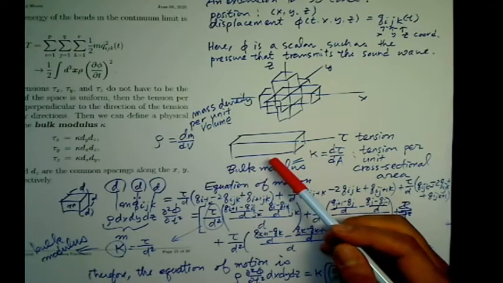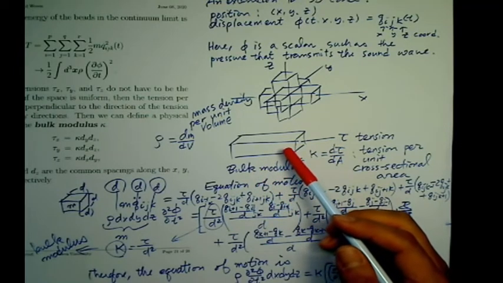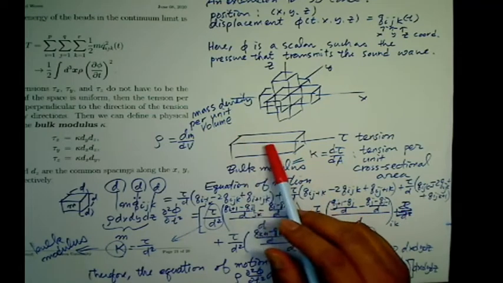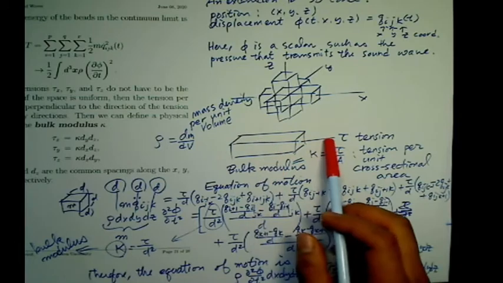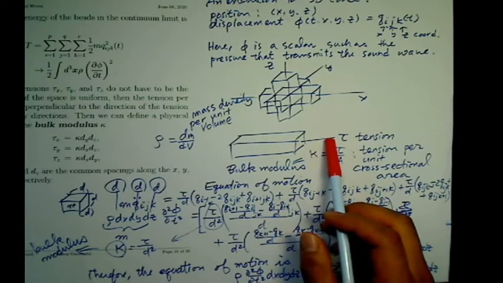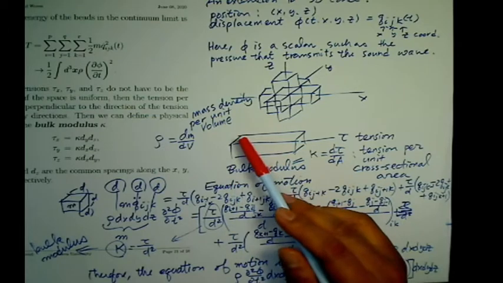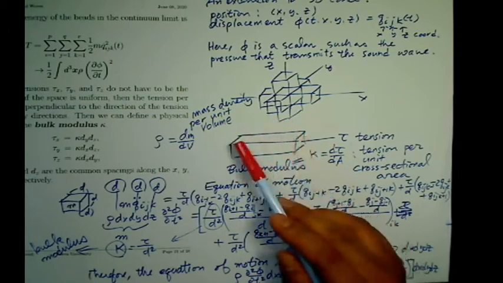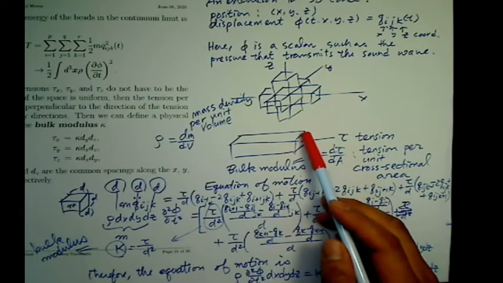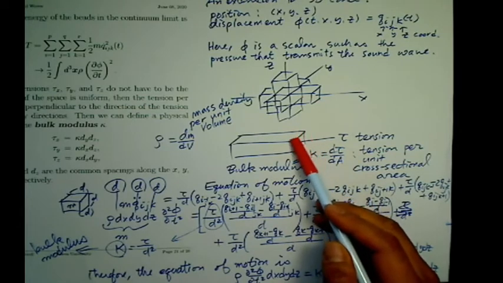And we also need to consider the volume effect. If it were a string, tension was enough to consider. But if it was a membrane, we sliced the membrane into stripes, then we had to consider the width effect.